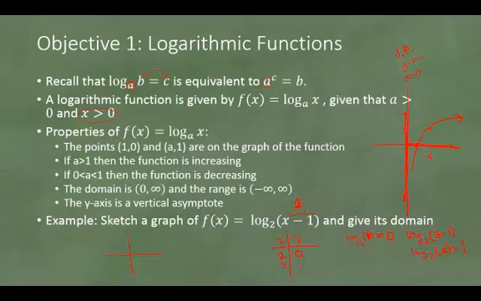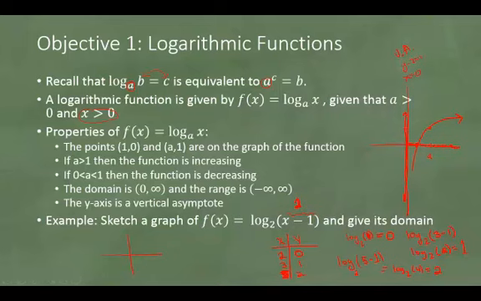And we'll try one more number. You have to see the pattern here. A number that would work is 5, because 5 minus 1 would give you 4. And log with a base 2 of 4 equals 2, because 2 squared is equal to 4. So when x is equal to 5, y has to equal 2.